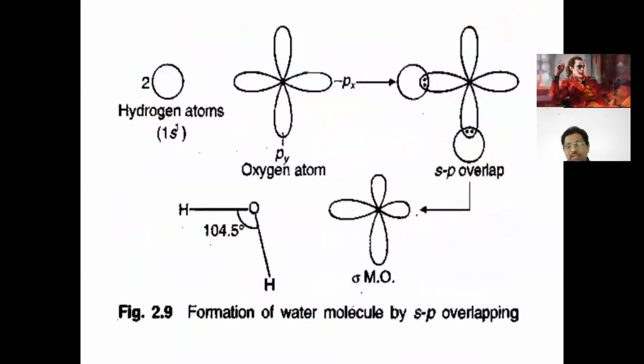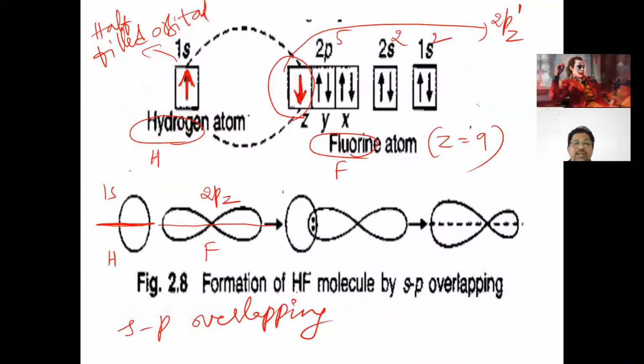The HF molecule, the hydrogen fluoride molecule, is formed by sp overlapping, which is between the s orbital of hydrogen and the p orbital of fluorine. So the 2pz orbital of fluorine and the 1s orbital of hydrogen: 1s1, 2pz1. Here the electron is clockwise spinning, and here the electron is anti-clockwise spinning. These two electrons will be paired.